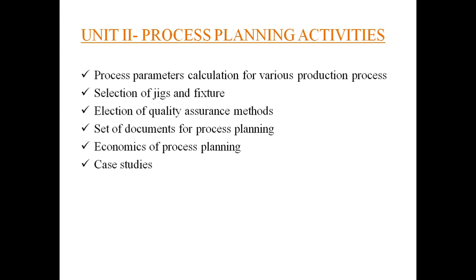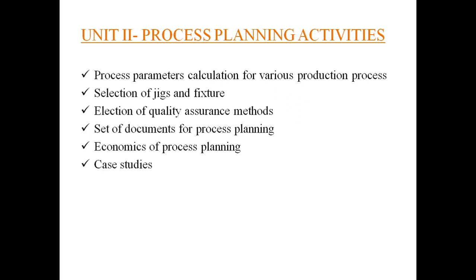Before preparing the process planning, depending on the design and the product manufacturing process, we have to select the fixtures and jigs. Jigs have two types: drill jigs and bore jigs, etc.